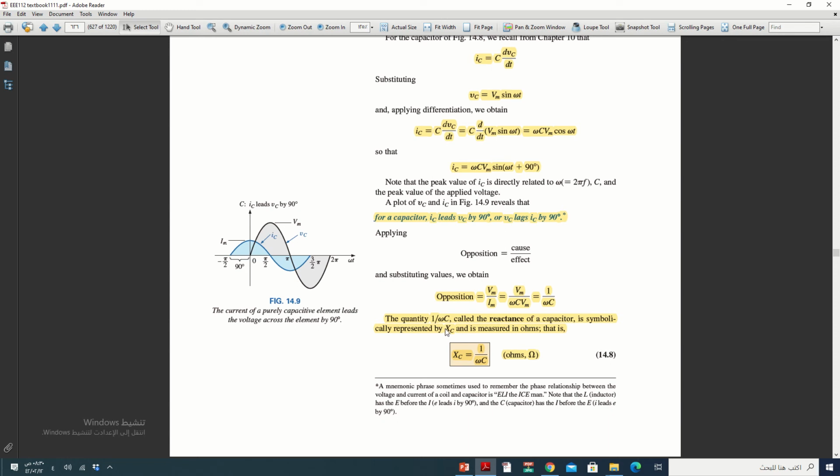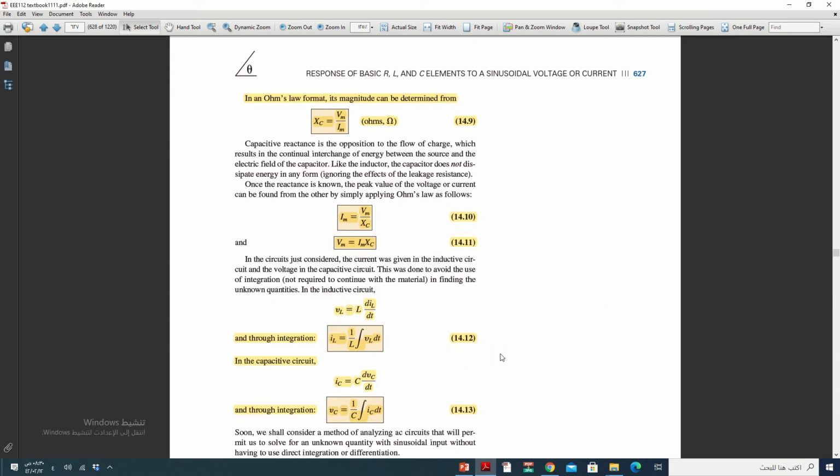The symbol is XC. XC equals 1 over omega C, by Ohm's law, in ohms unit. Here it's similar. You can write XC = Vm over Im, the peak Ohm's law, or Im = Vm over XC, or Vm = Im multiplied by XC.